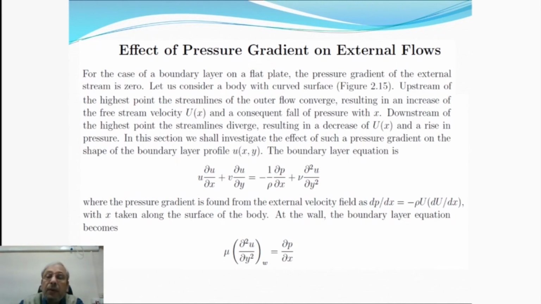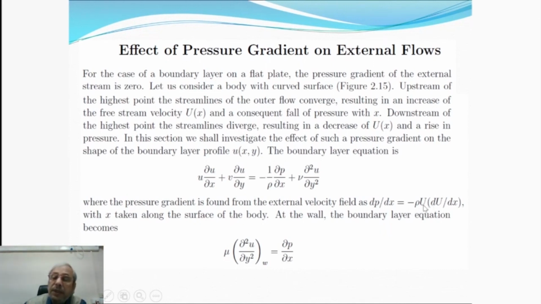And we know the boundary layer equation is given by u ∂u/∂x + v ∂u/∂y = -(1/ρ) ∂p/∂x + ν ∂²u/∂y², where the pressure gradient is found from the external velocity field as dp/dx = -ρU dU/dx.